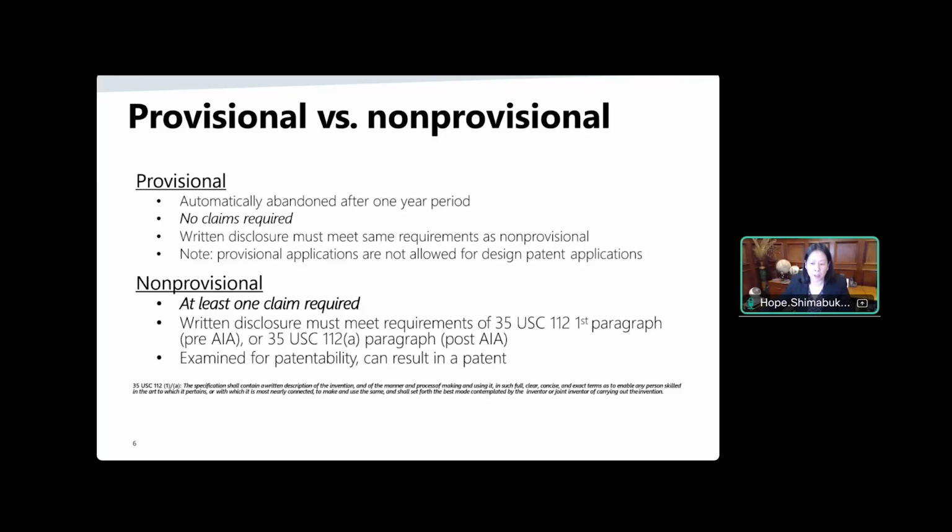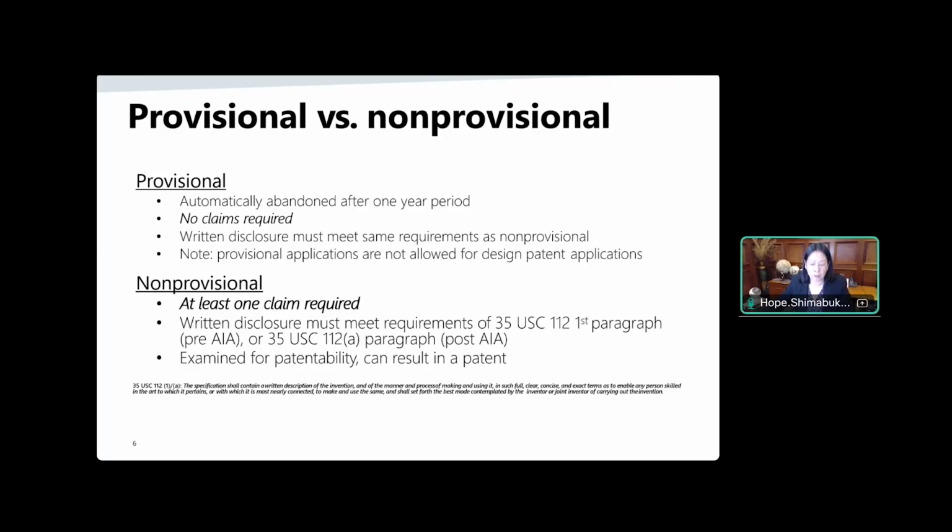Provisional applications are really a placeholder in time, and what it allows you to do is to give you a placeholder in time 12 months earlier than when you actually file a non-provisional application.